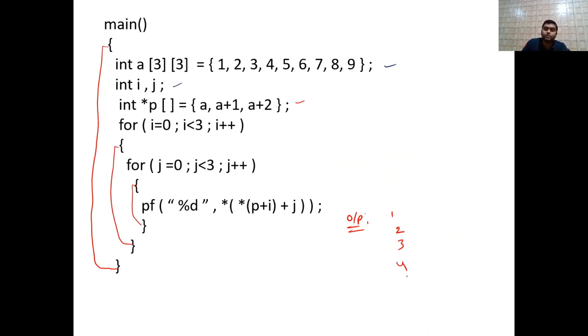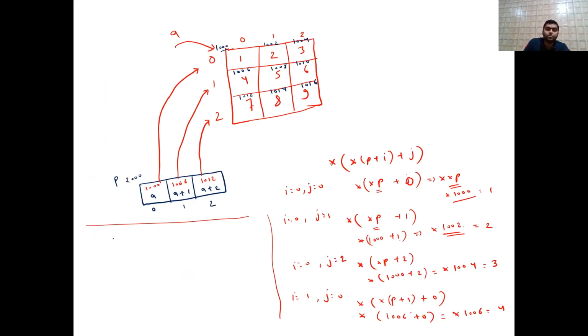So see, this is 4. Now next time what is going to happen? i is going to be 2. It is not 2, it is 1, and j is going to be 1. So in that case what will happen? *(*(p + 1) + 1). So observe carefully. *(p + 1) means first row selection.